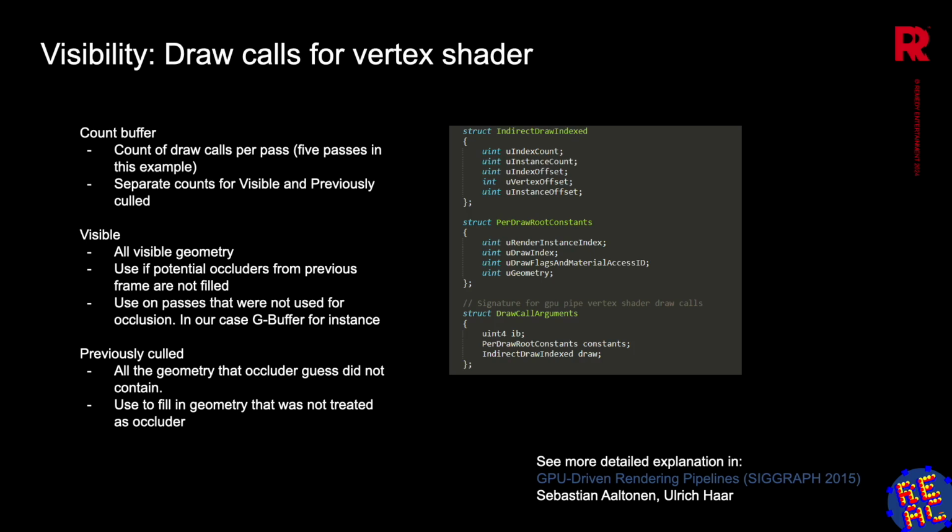For the passes that have already been initialized by drawing previous frame visibility based occluders, we only need to draw geometry that became visible on the current frame. These draw calls are written into previously called buffer. There is more detailed presentation about similar occlusion culling, for example in GPU-driven rendering pipelines, which was presented in SIGGRAPH 2015.